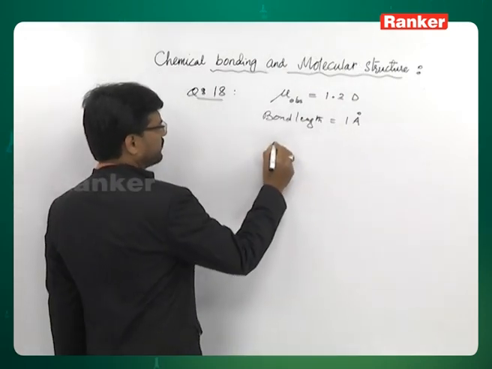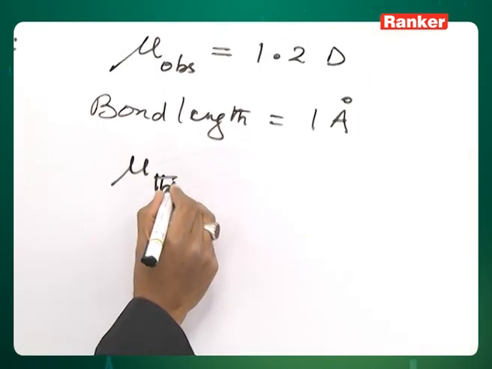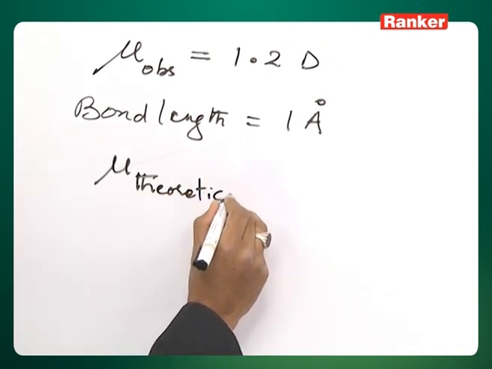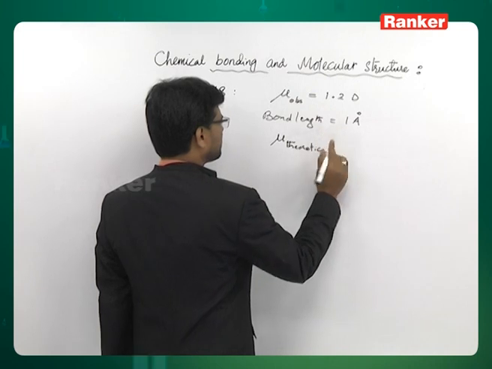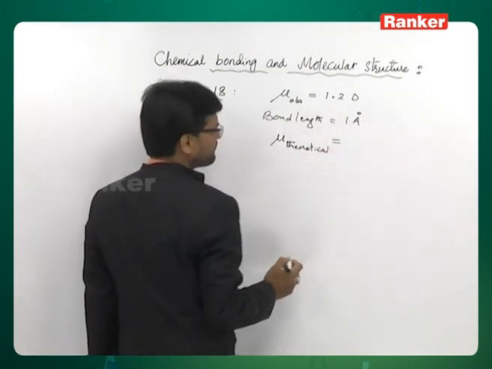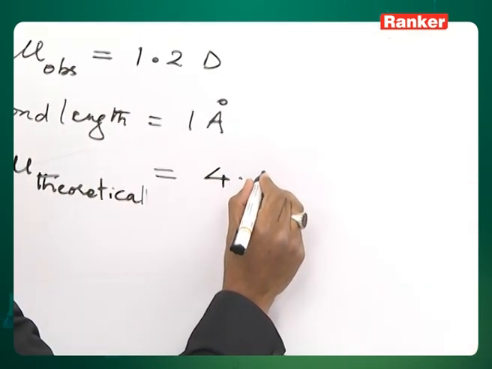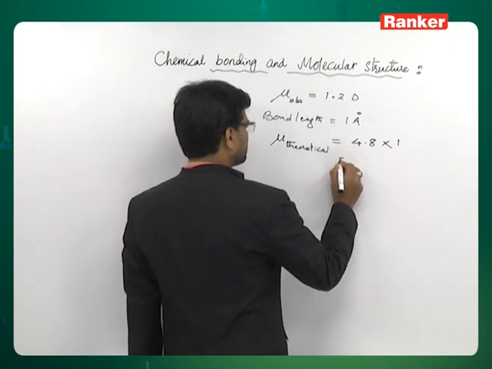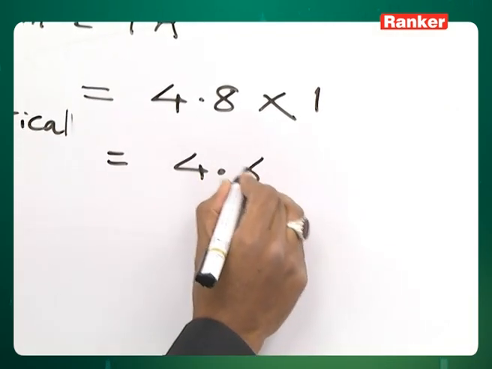So, we need to first find out mu theoretical. This is mu theoretical equals 4.8 into bond length, that comes to 4.8 debye.